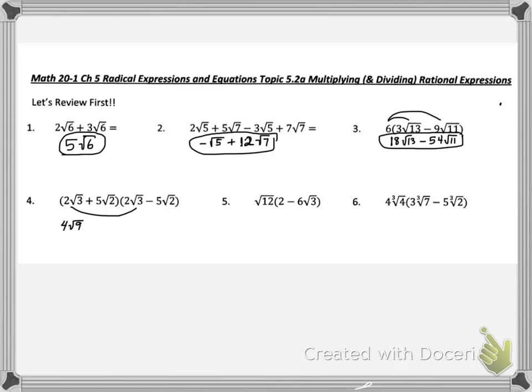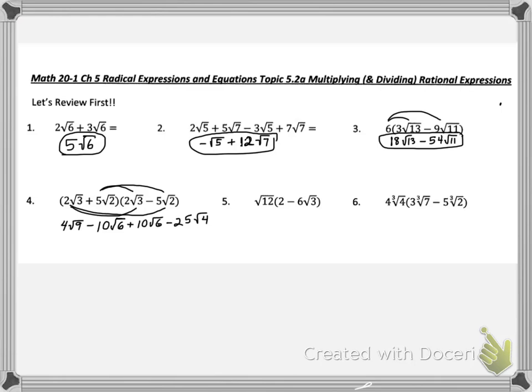That would be negative 10 root 6. The inside terms, 5 root 2 times 2 root 3 is plus 10 root 6. And lastly, positive 5 times negative 5 root 2 is going to be negative 25 root 4.